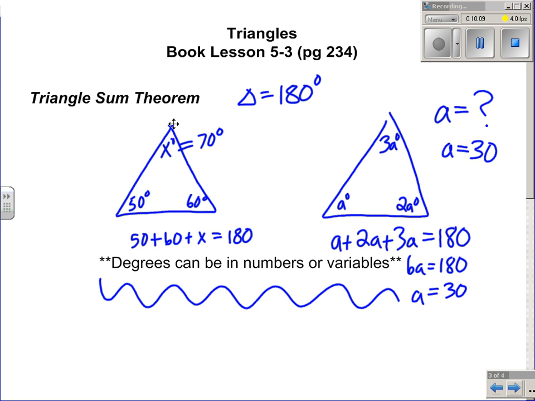So if they ask you what is a, then a is 30. They may ask you to plug in a and tell us all the values of the angles. So a here makes it 30. 2 times a would make this one 60. 3 times a would make that one 90 degrees.